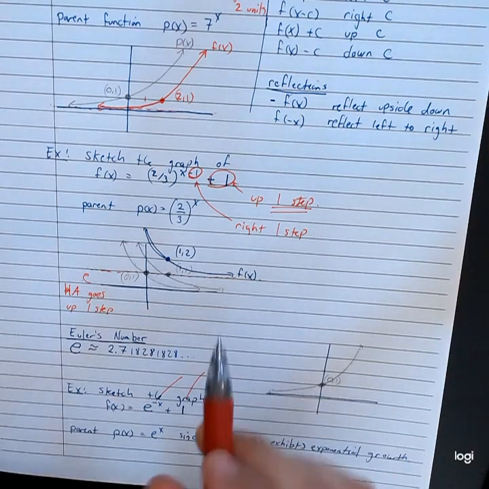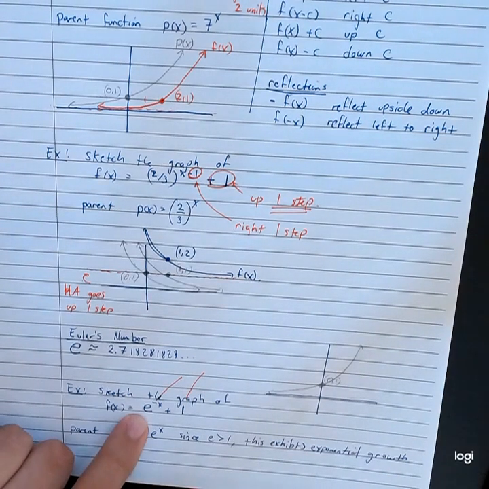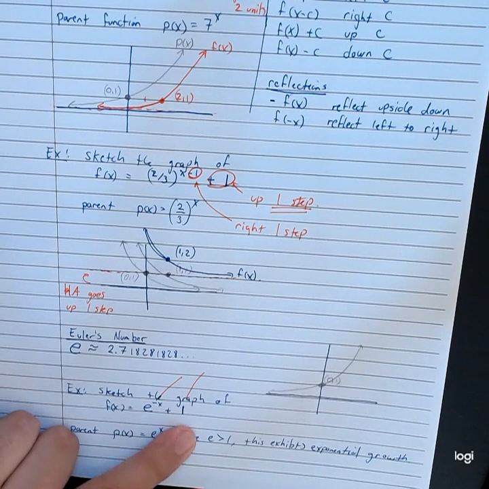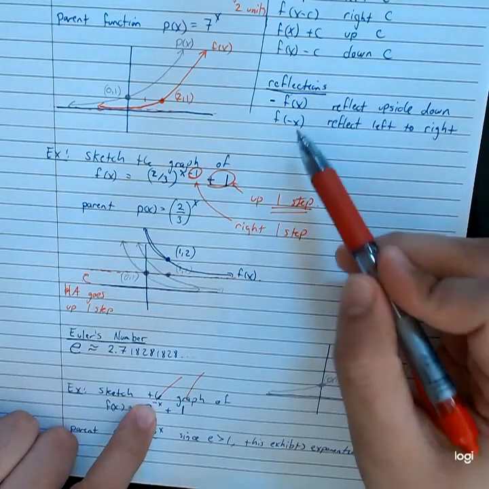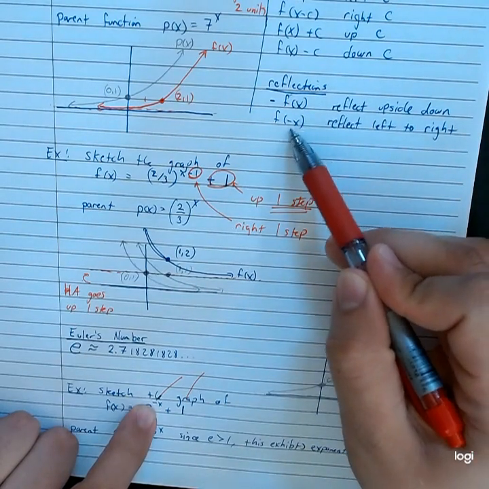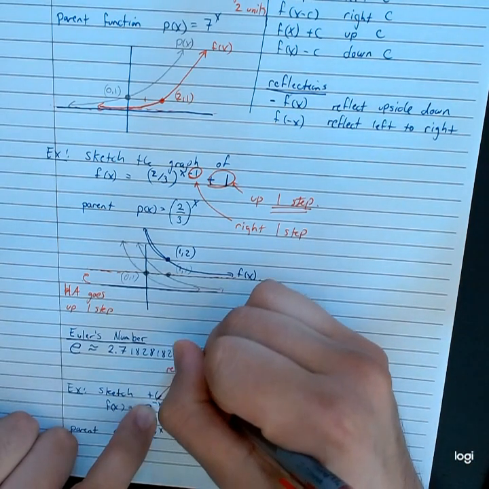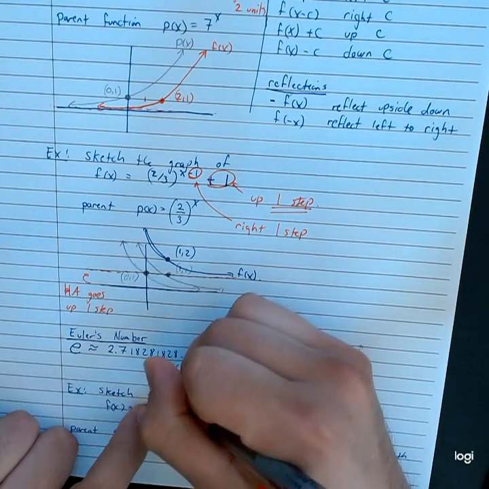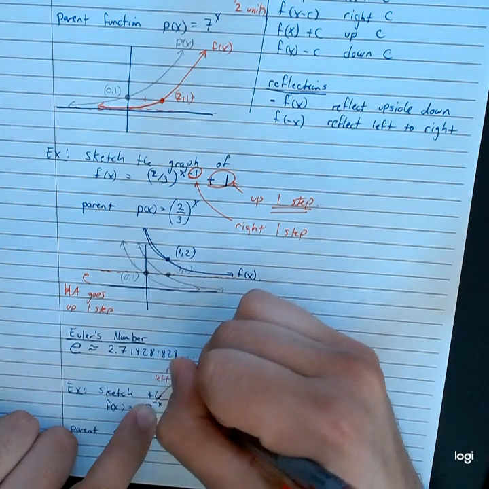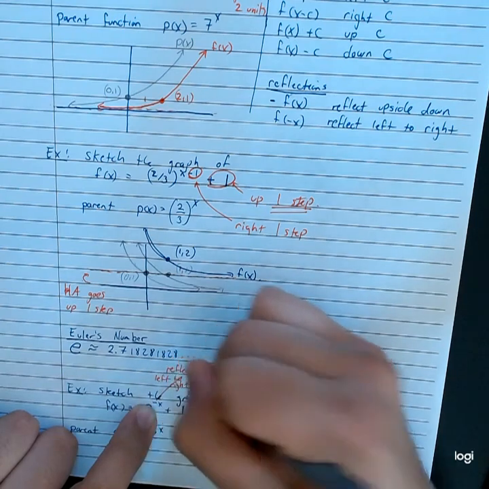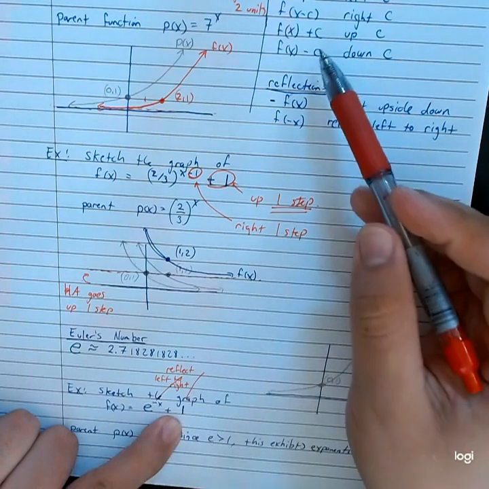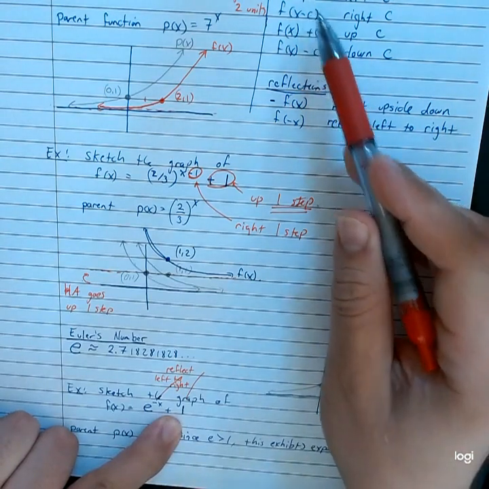All right, so now let's take a look at this. If you have e to the minus x plus 1, that minus x is a reflection, and since the negative is just on the x, the reflection will be left to right. This plus 1 is on the entire function, not just on the x.